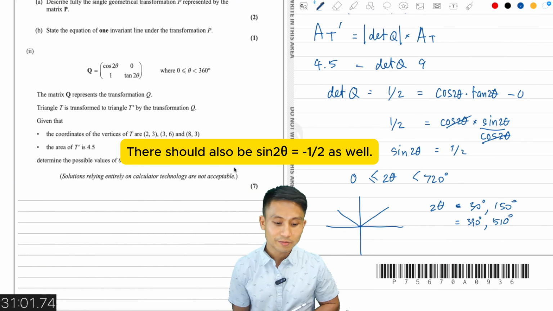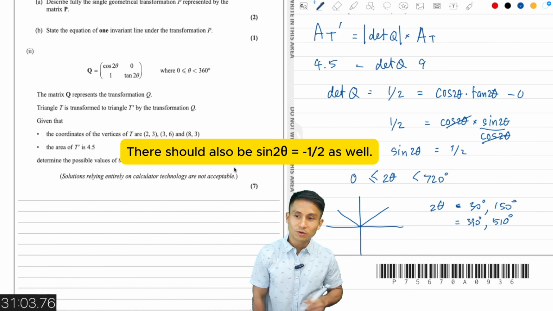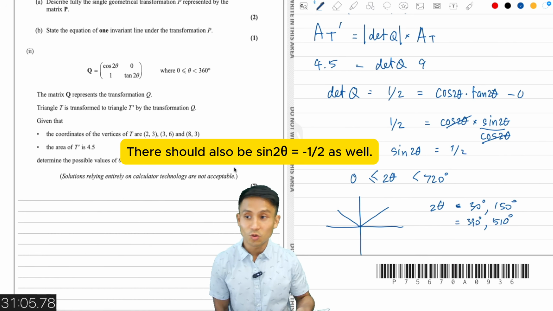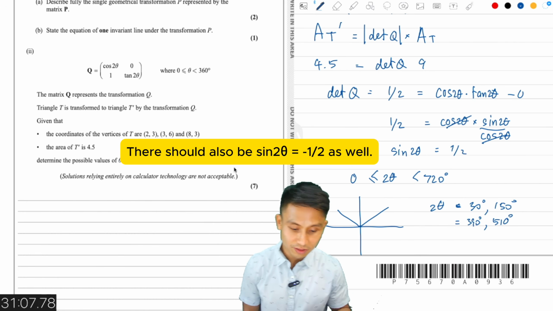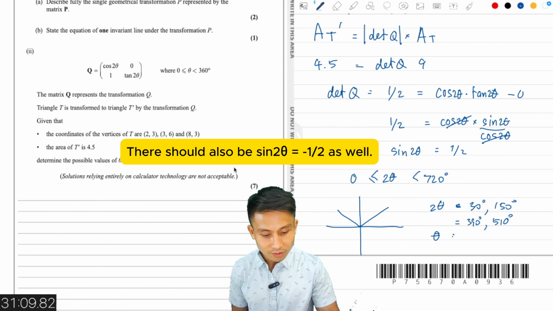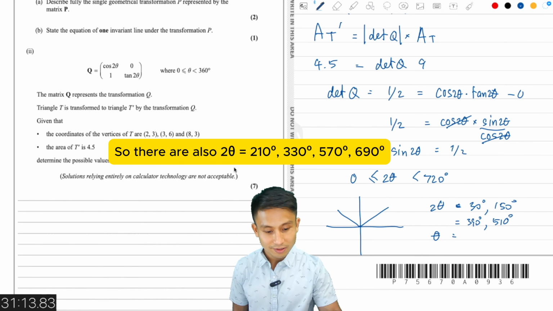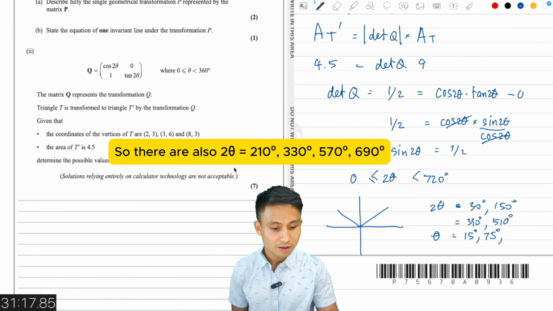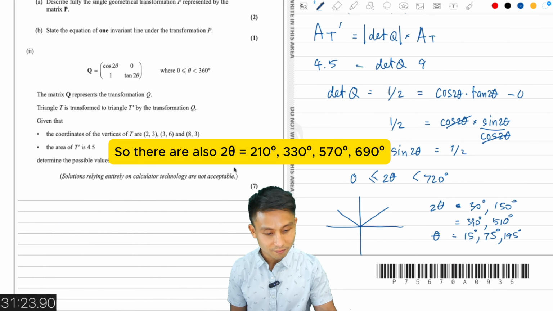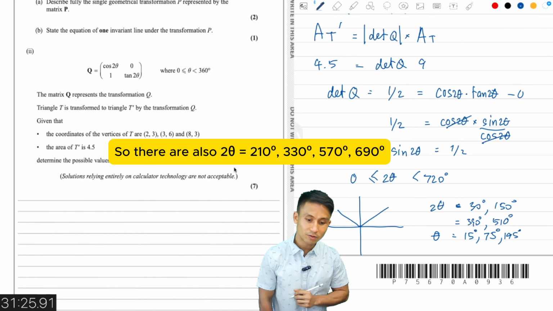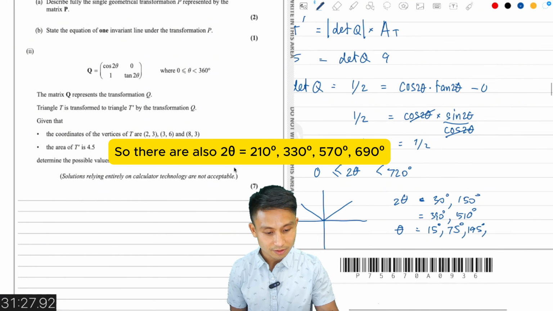And that's it. Because if you add either one of these by 360, you're going to go over the domain, more than 720. And then that means theta would become, just divide everything by 2 here, right? So you get 15, 75, 195, right? 195, yeah, and 255, right?